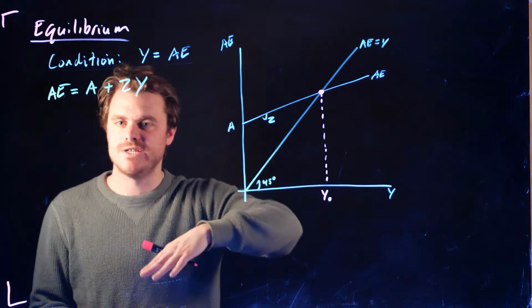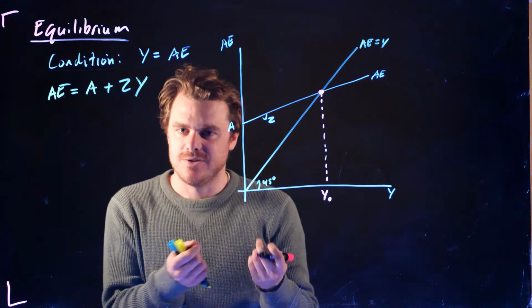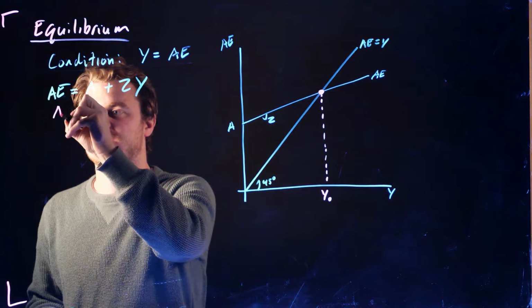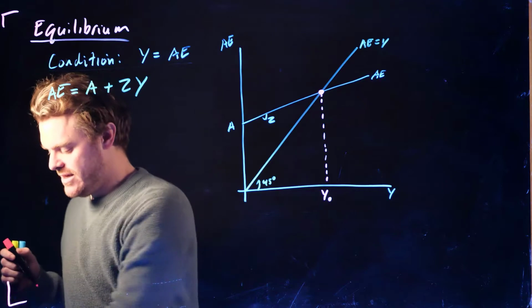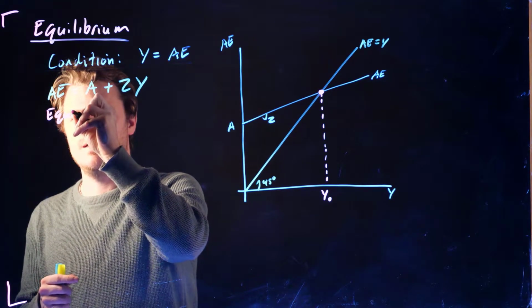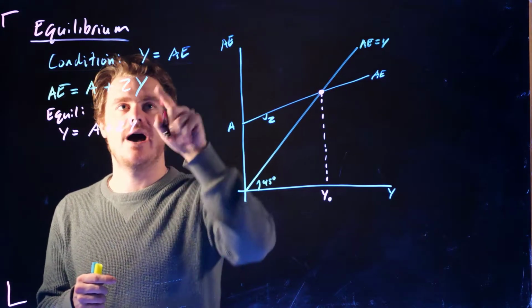Well, we can solve it just like we did last week. And the way of solving it is going to be very, very similar. So if AE equals that, if we invoke equilibrium, so at equilibrium, Y equals A plus ZY.